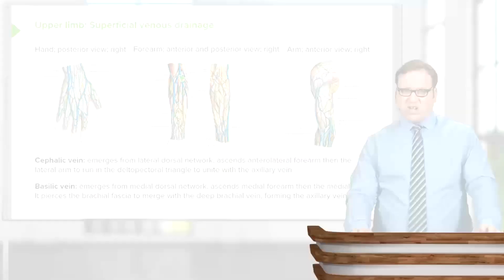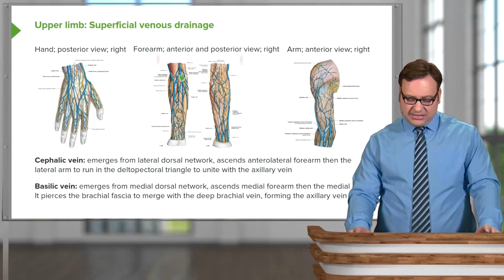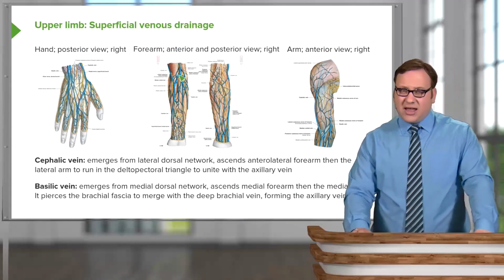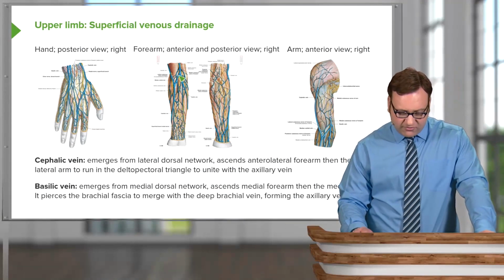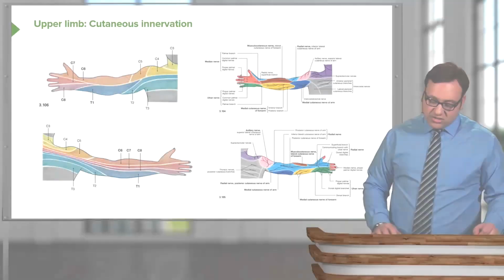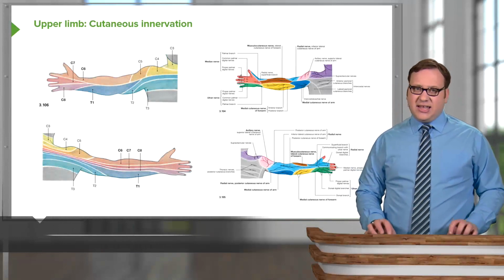This is an important location for venipuncture if blood is to be removed from the venous system. A very important communication. So now let's move on to cutaneous innervation.